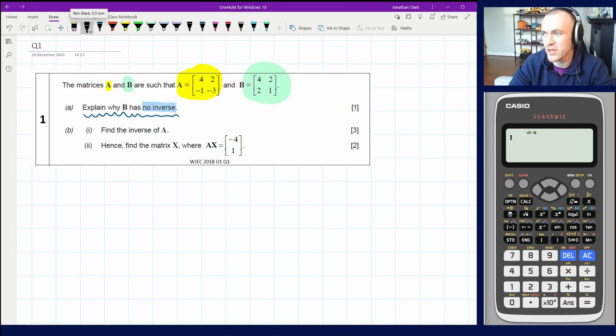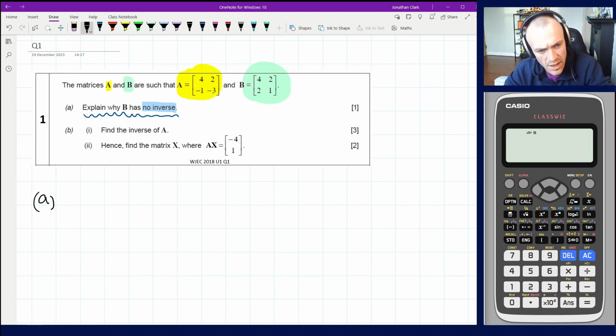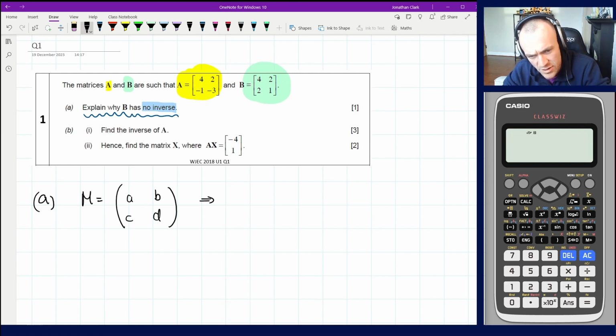Okay, let's break this down. So a matrix has an inverse, and the general formula for an inverse matrix, say that the values in the matrix are a, b, c, d, the inverse matrix would be 1 over the determinant, and some of these elements get swapped around, and some of these elements have their signs changed.